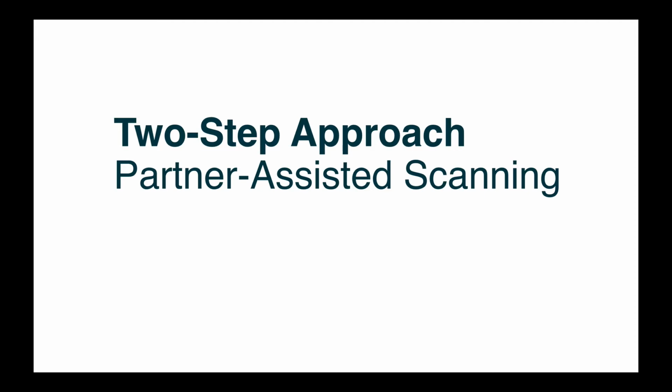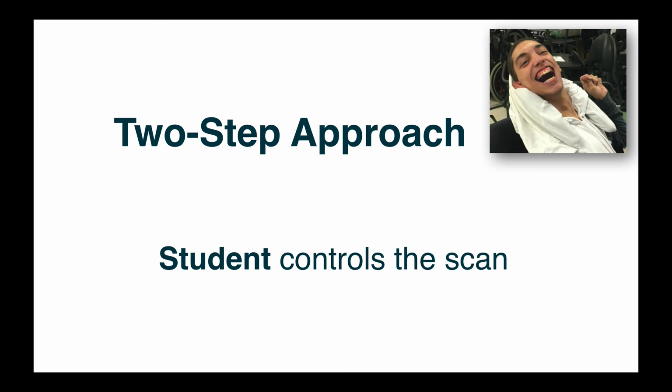Then the partner waits. The partner will continue to wait until the student indicates, "Go to the next one," or "That's the one I want." This may be communicated using two different movements, vocalizations, and/or single message communication devices.